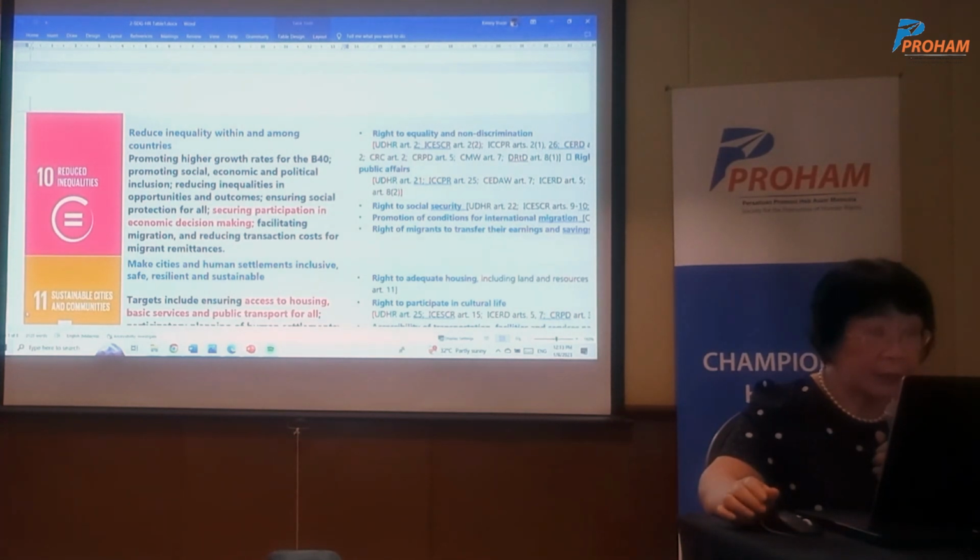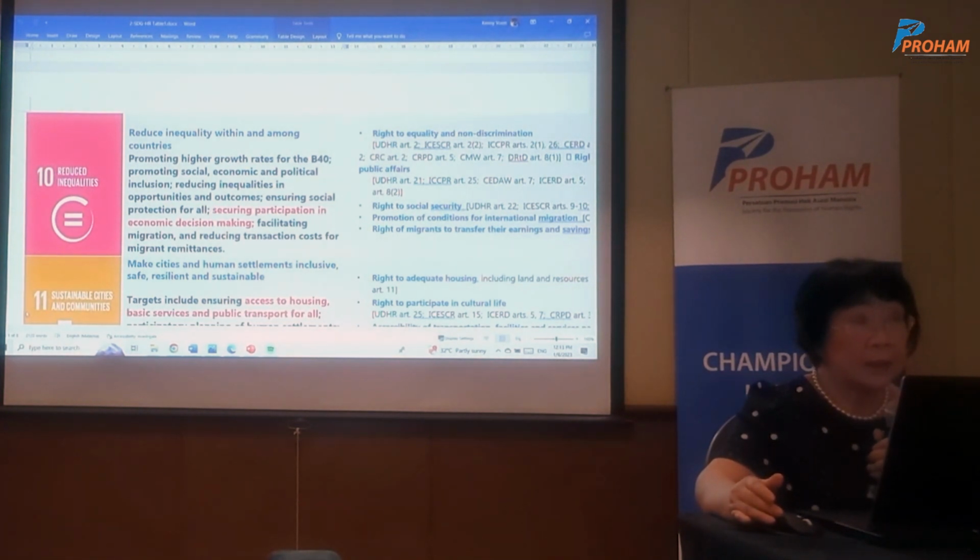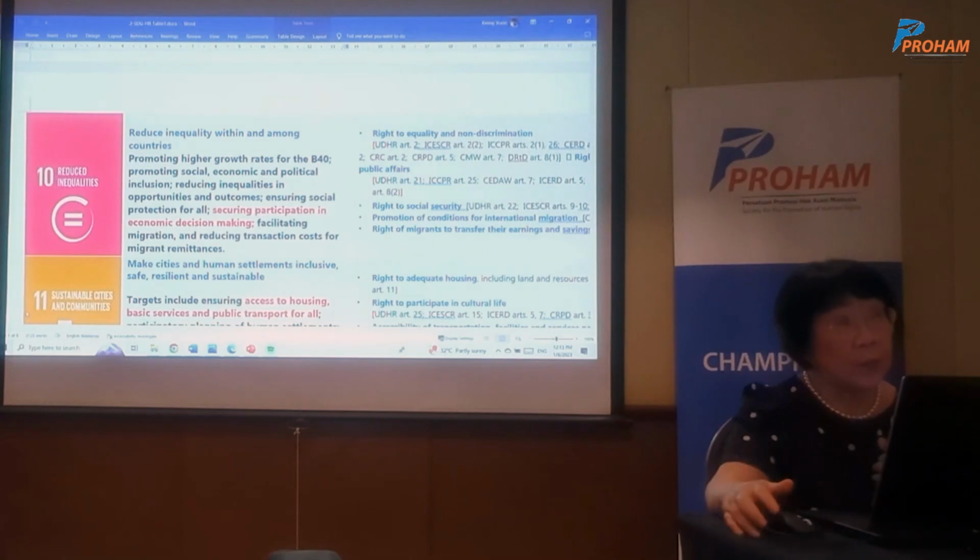So it is related to eradication of poverty, of course, for the D40, but we also need to promote higher growth for them. Recently, the government was talking about increasing wages for workers and raising the payment to workers from 35% to 40%, but then it has come down to 32% in reality, because it's not something that you can do in a vacuum or just because you order it, because wages are based mainly on productivity.